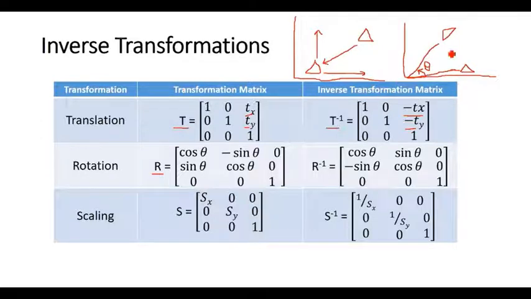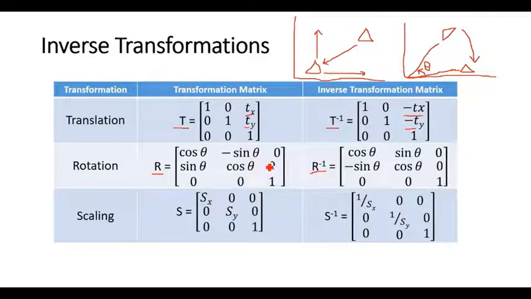Now how do I inverse it? Meaning to say, how do I get this object back to this position? This is going in the anti-clockwise direction by theta. So to go in the negative direction, that is clockwise, our inverse would be to rotate it by minus theta.